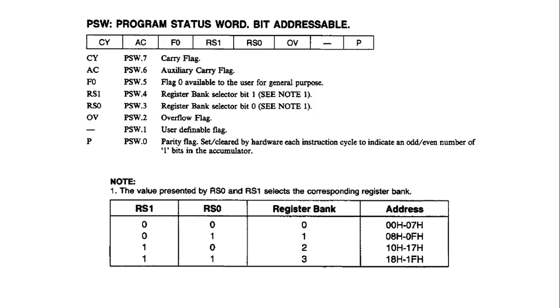In signed operations, if the result exceeds the range, in that case the overflow flag bit is set. The next bit is a user definable flag; it is presently unused. And the parity flag. We know what parity is.